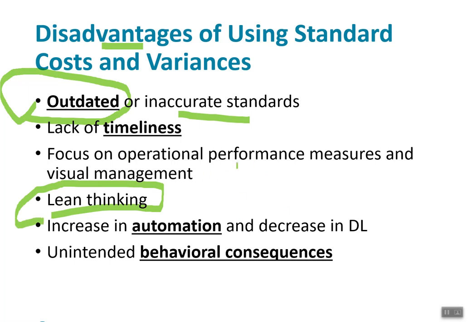The focus on operational performance measures and visual management. Also, because there's so much of an increase in automation and a decrease in direct labor, those standard costs really do not do as much. They're not as valuable. And that's why I say only about 10% of companies use it. And you can have unintended behavioral consequences also.